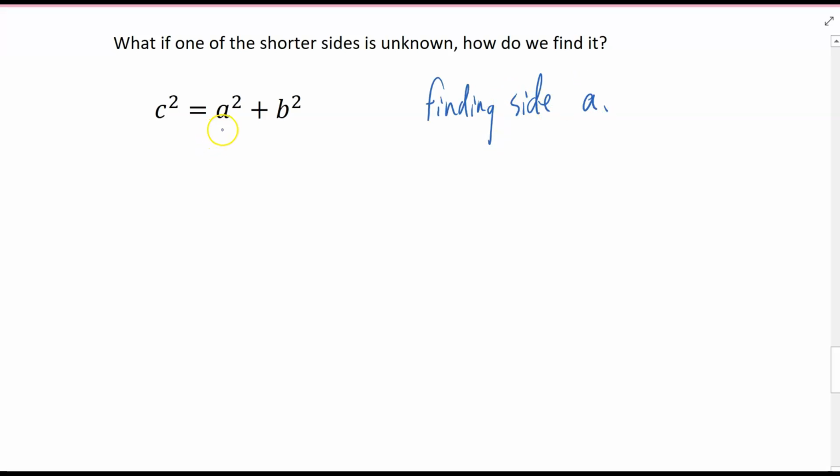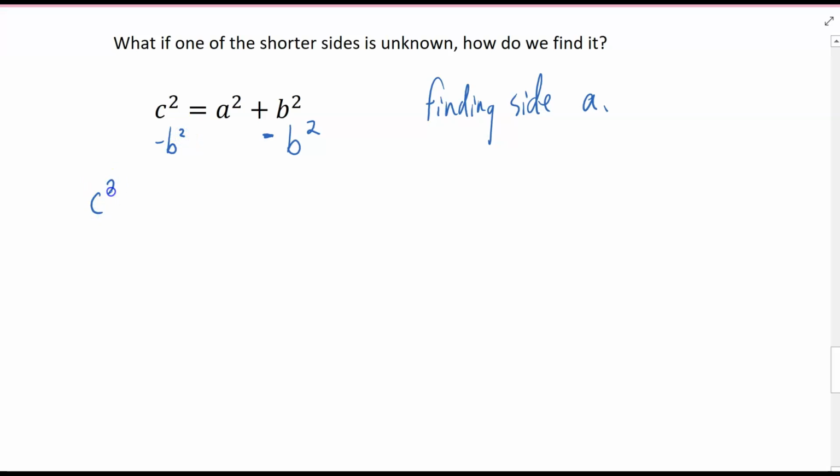What I need to do is isolate the a in the equation. And looking at the algebra, if a squared has b squared added to it, the way to reverse this is to subtract b squared from it. And if I do it to one side, I must do it to the other side.